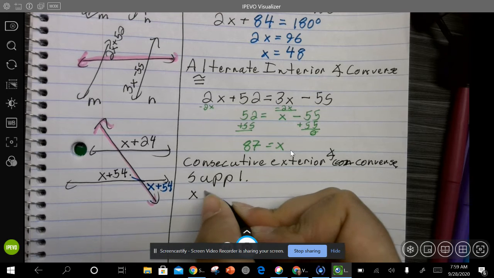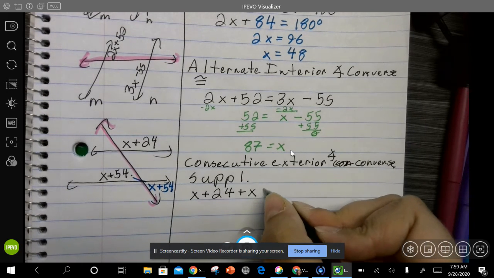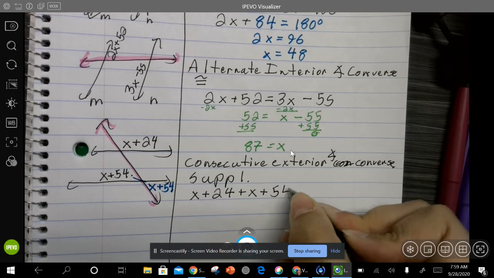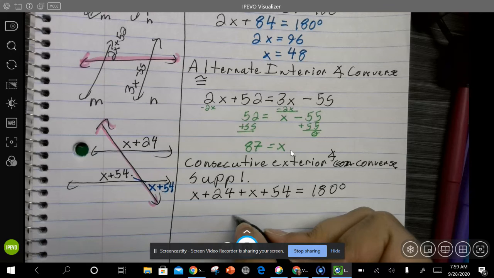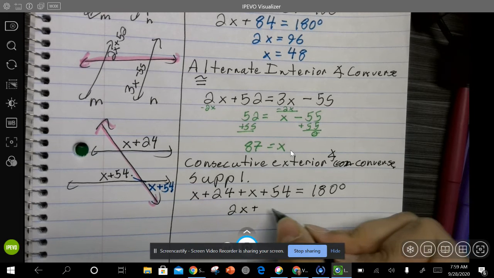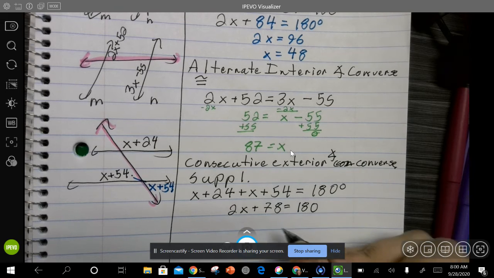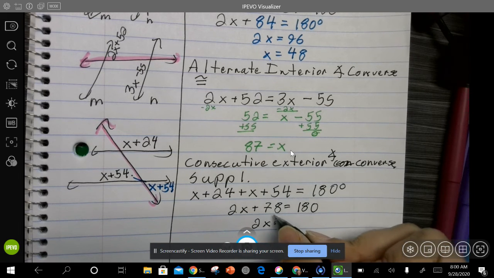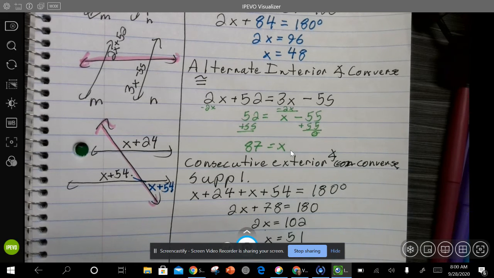So we're going to set those two equal to 180. So x plus 24 and x plus 54 is equal to 180 degrees. Combine like terms, so we get 2x plus 78. 180 minus 78 is 102. Half of 102 is 51. And we got it, everybody.